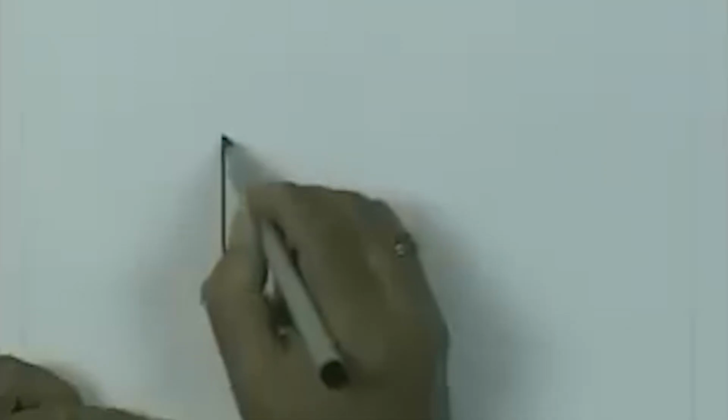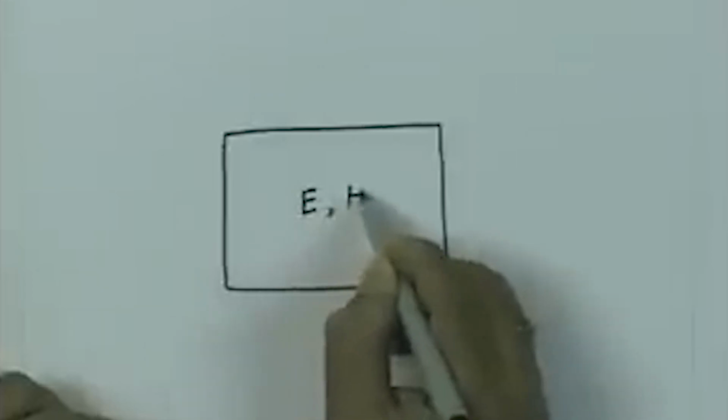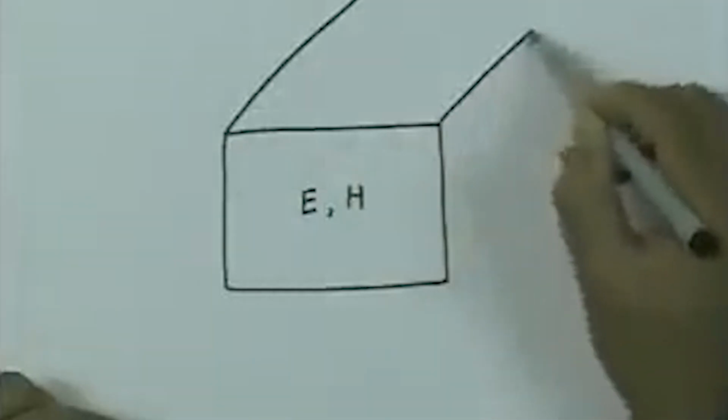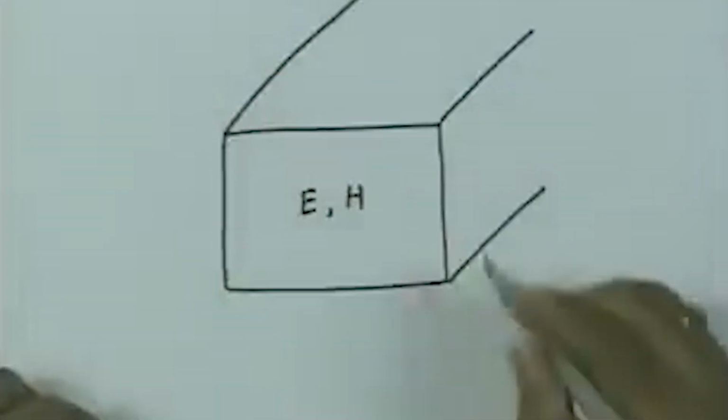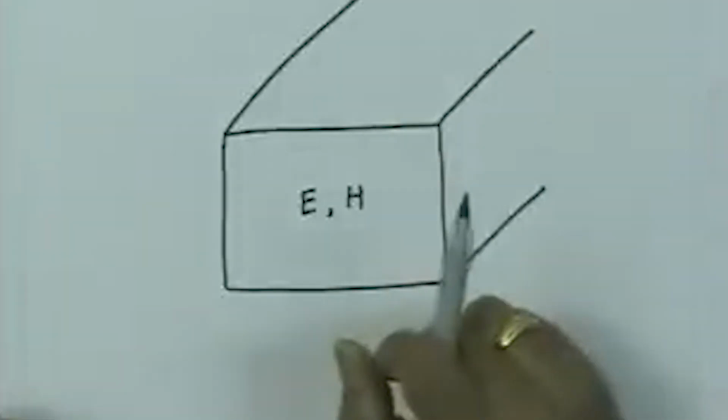So, if I go to the rectangular waveguide, I have to calculate now two things. If I consider the rectangular waveguide, there is the electric field here and the magnetic field here, and then there are surface currents which are going to flow on all these 4 walls. So, the surface current will give me the loss, and I can calculate per unit length what is the power loss in that waveguide.